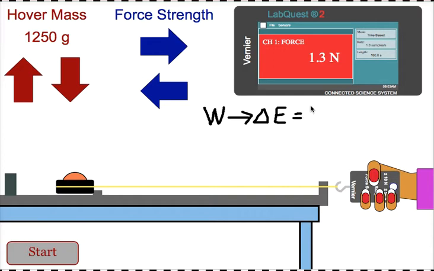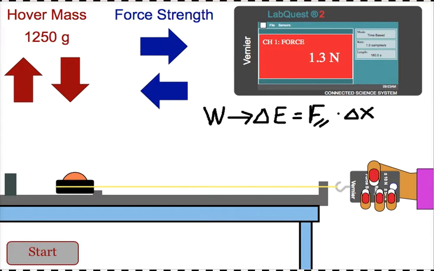We add or remove energy from an object by applying a force to it, and the work or change in energy is found by getting the product of the force and the distance traveled by the object while that force was applied. That force must be in the direction of motion or against the direction of motion. So we only look at the force that is parallel to the distance traveled.